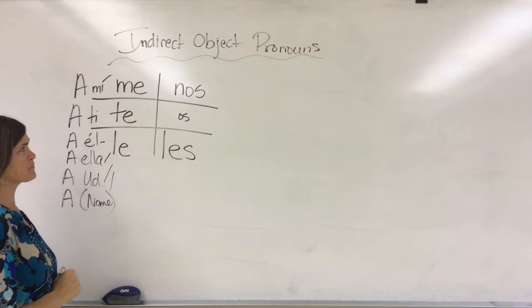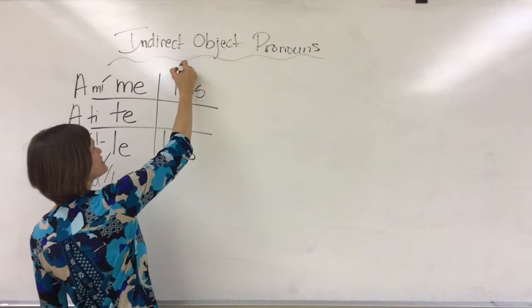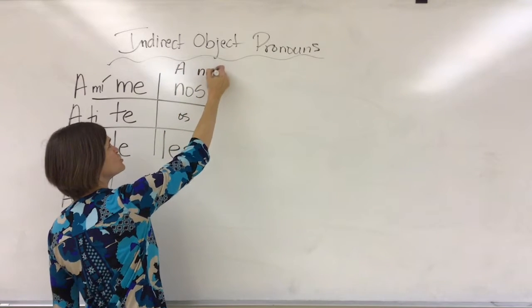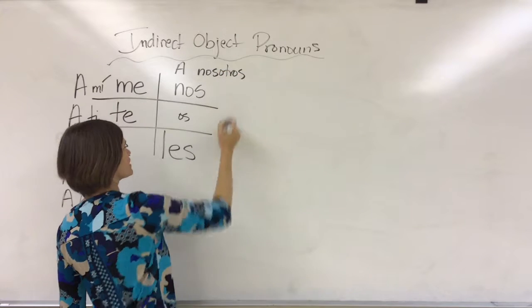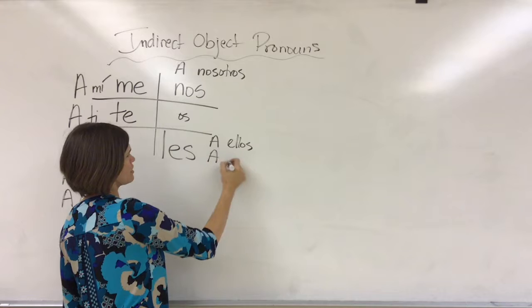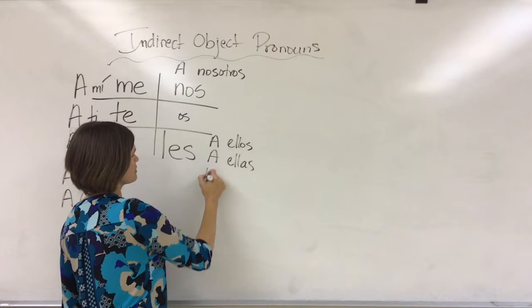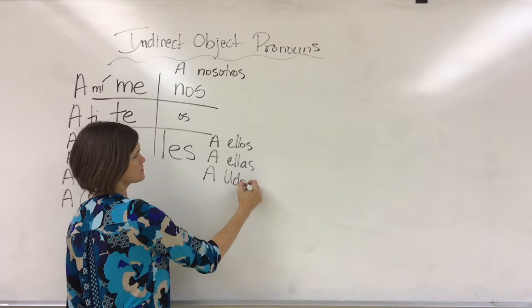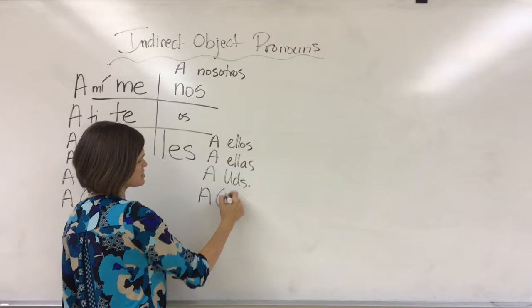If we want to clarify this, it would be a nosotros. And this one is a ellos, a ellas, a ustedes, or a plus their names.